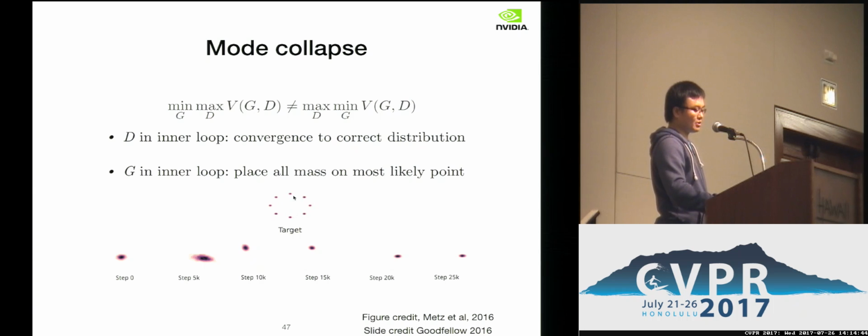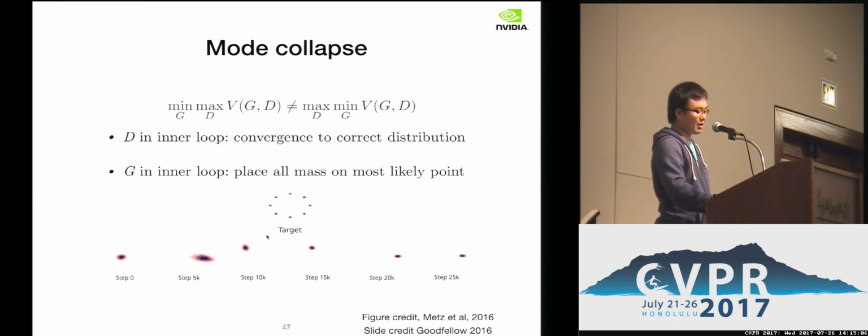Here we have a target data distribution that we want to learn. It consists of Gaussian clouds. It's a Gaussian mixture model, and each cloud has an equal weight. We want to train a GAN to learn this distribution, and we frequently observe this behavior.